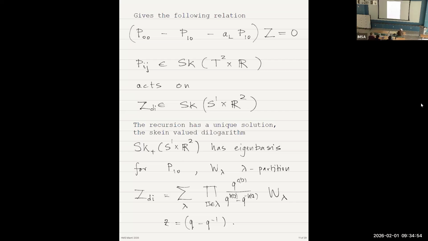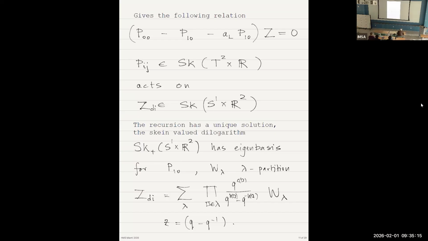It has distinct eigenvalues, and there is a basis enumerated by partitions of integers. So lambda is any partition. And when you now solve this, it's not so hard because of this eigen thing. When you solve it, you get the following solution.